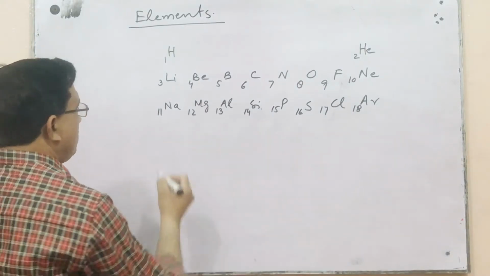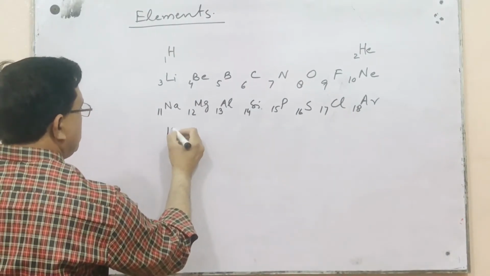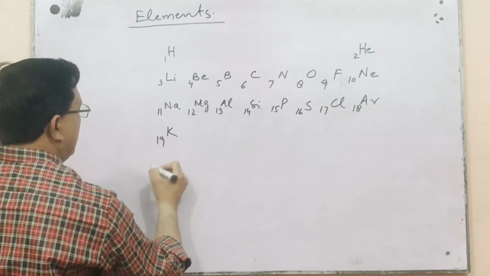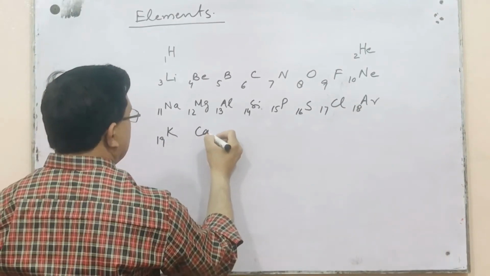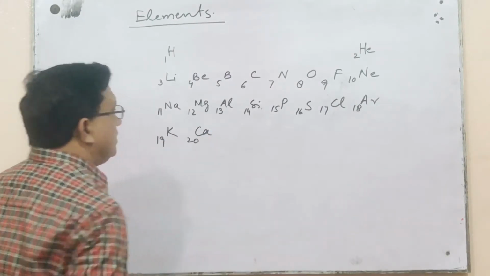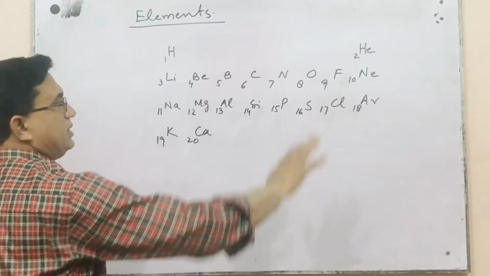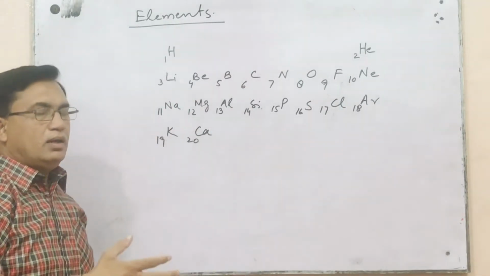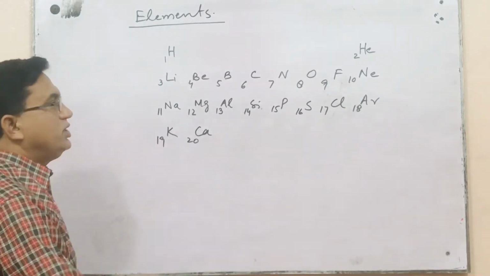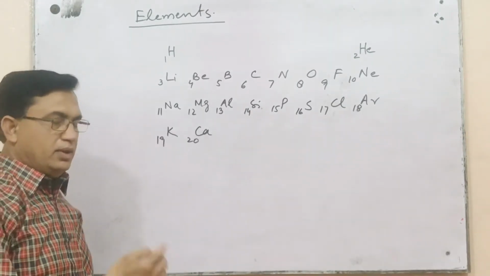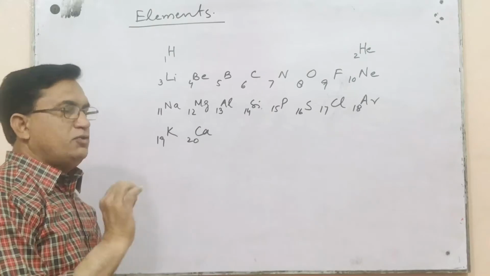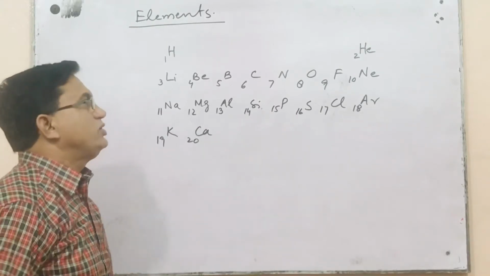Now the next two elements come: potassium 19 and then calcium with 20. These are the first 20 elements present in the periodic table, and the knowledge about these elements is sufficient for the pre-Cambridge students.